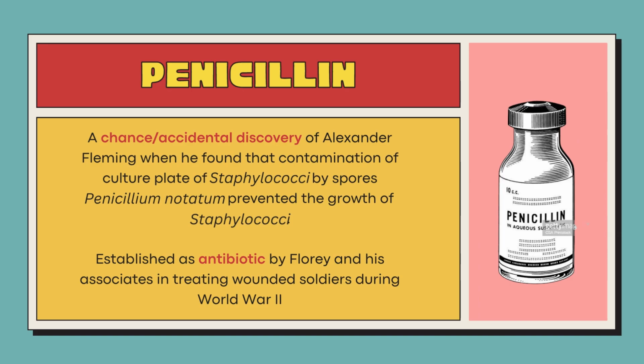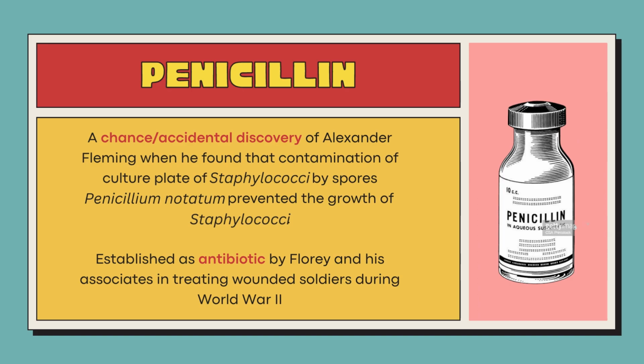Penicillin was originally a chance or accidental discovery by Alexander Fleming in 1928 while working at St. Mary's Hospital in London. He found that contamination of a culture plate of staphylococci by spores of Penicillium notatum prevented the growth of the bacteria.